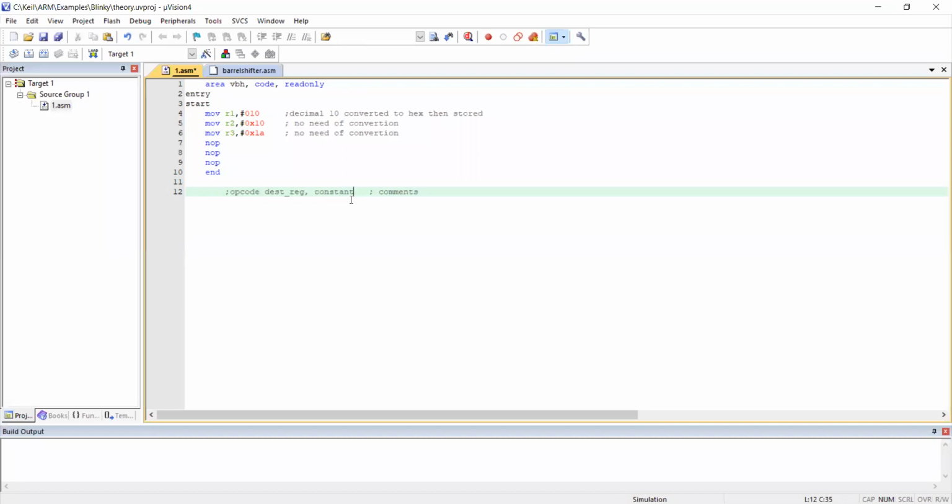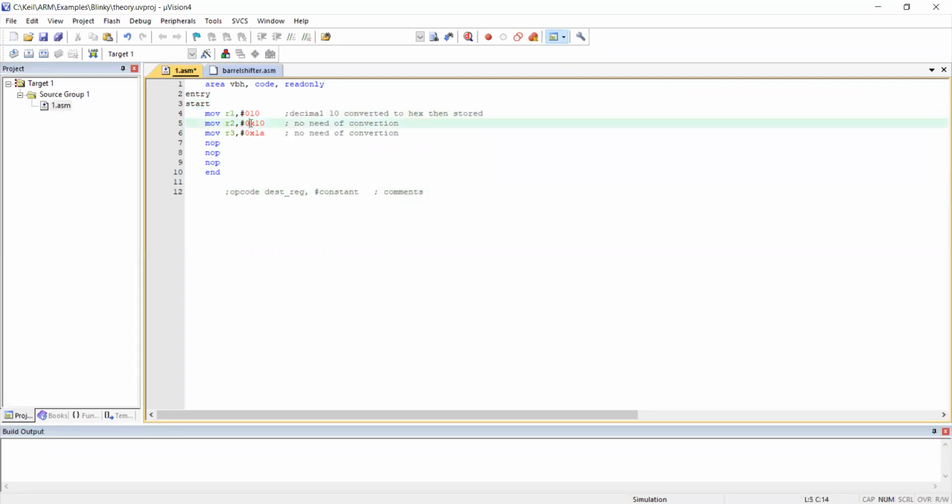Please concentrate. If in the place of source I don't have a register, I have a constant, first and foremost we should use hash. It's a constant. Second, if I don't mention 0x, it is called the decimal number system.